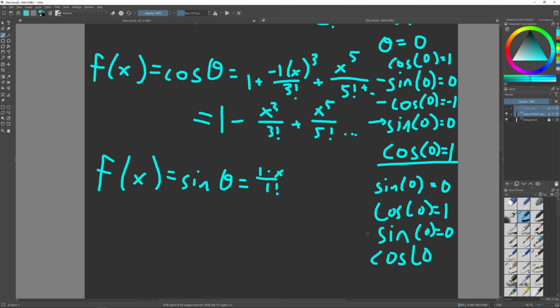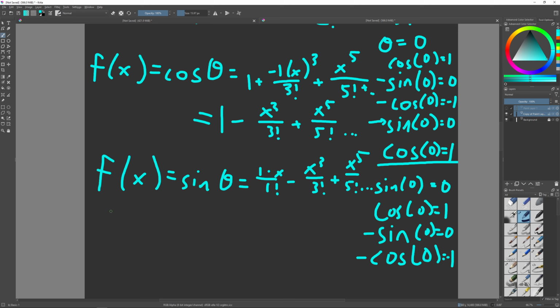And then there was a negative here, and there's a negative here, and we get negative 1. So you can see these are alternating, same kind of pattern. So we have minus 1, and then x to the third over 3 factorial. And then the next term is going to be plus x to the fifth over 5 factorial, dot dot dot.